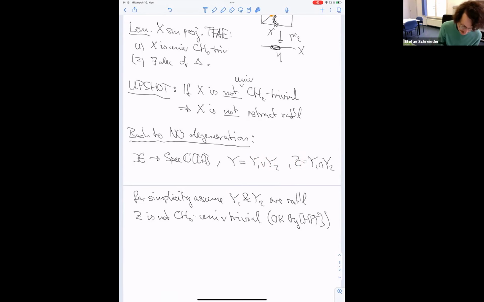Now, I would like to see whether one can detect how big the group of zero cycles of the generic fiber is. So I would like to say that the group of zero cycles of X must be big if something like that happens. But now you see, if Y1 and Y2 are rational and everything happens over an algebraically closed field, then after every field extension, the Chow group of zero cycles of Y is just trivial.